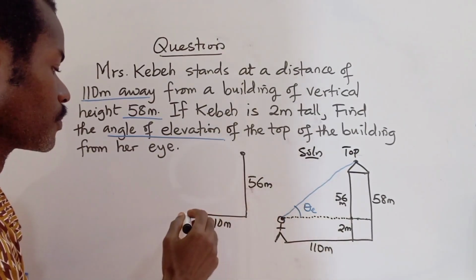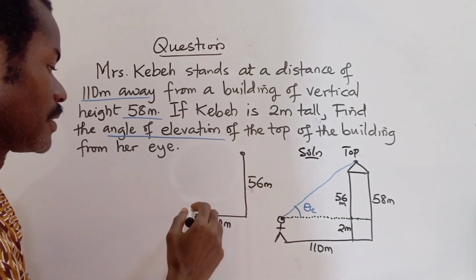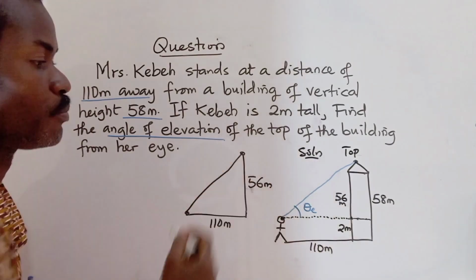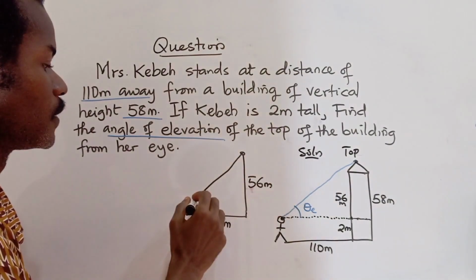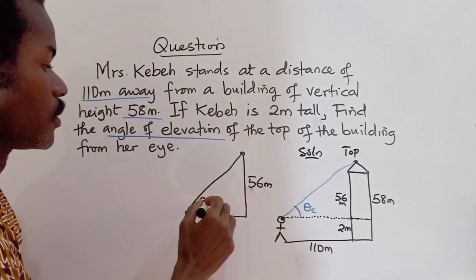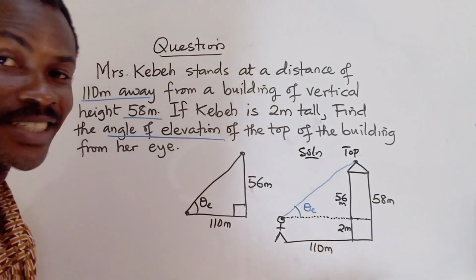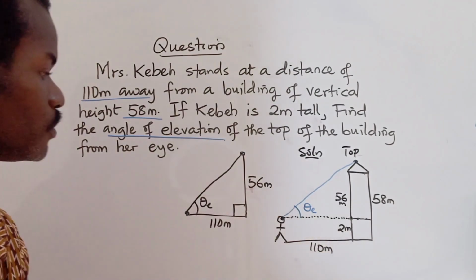Now remember, this is where our gaze is, and from this, she's looking at the top of the building. So this is our angle of elevation.